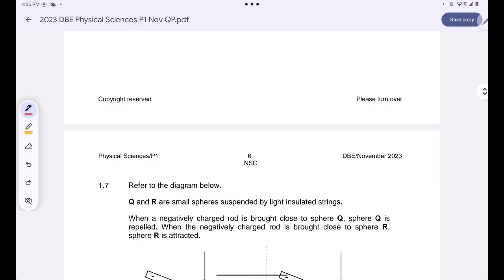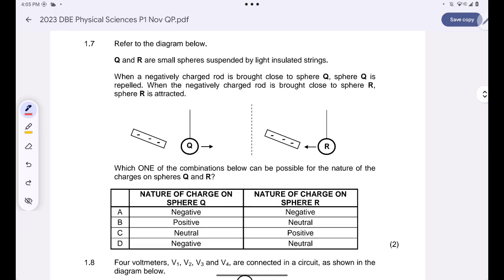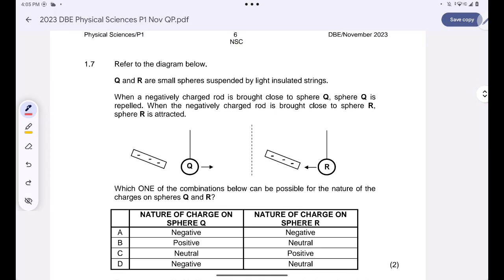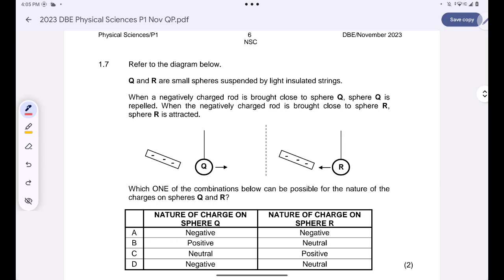Okay, and then we move to 1.7. We are told that Q and R are small spheres suspended by a light insulated string. When a negatively charged rod is brought closer to sphere Q, the sphere Q is repelled. When a negatively charged rod is brought closer to sphere R, it is attracted.